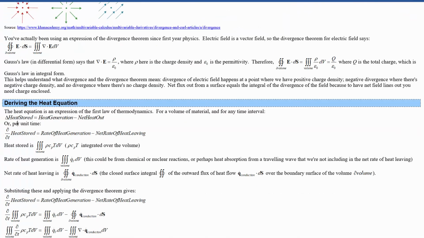The heat equation starts off with the first law of thermodynamics that says if you take any volume, then the change in the heat in that volume has to be the heat that was generated in the volume, perhaps by energy in different forms transforming into heat, minus the net heat that's left that volume. Or per unit time, the rate of change of heat stored is equal to the rate of heat generation in that volume minus the net rate of heat leaving.